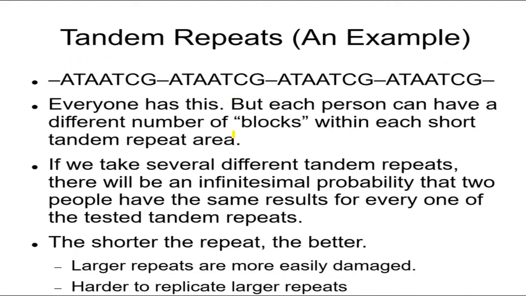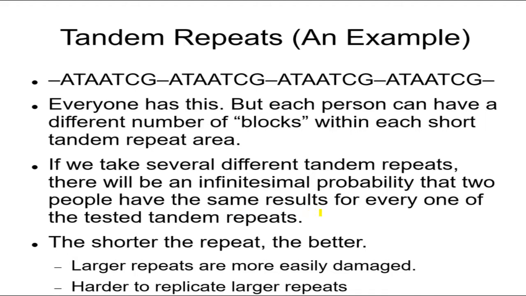The second STR, short tandem repeat, was probably not going to have the same as a random person. And if all 16 of these different STRs have the same number of repeats between the sample from the crime scene and the suspect, well, that's not a coincidence. We know the sample from the crime scene was from this suspect.